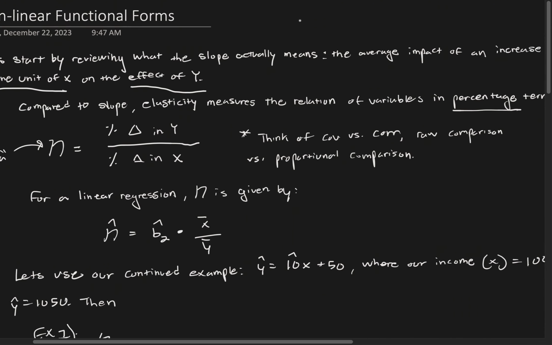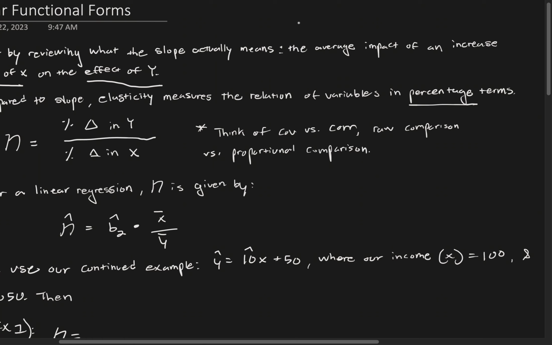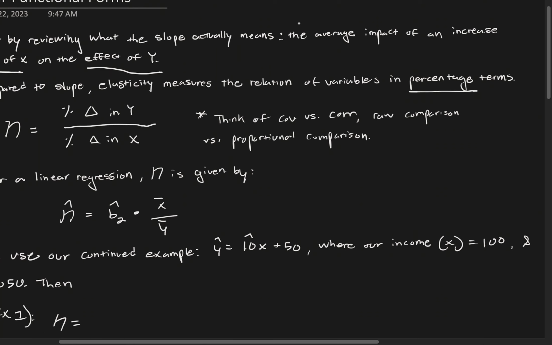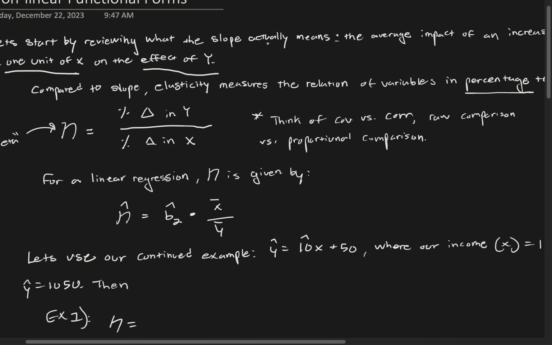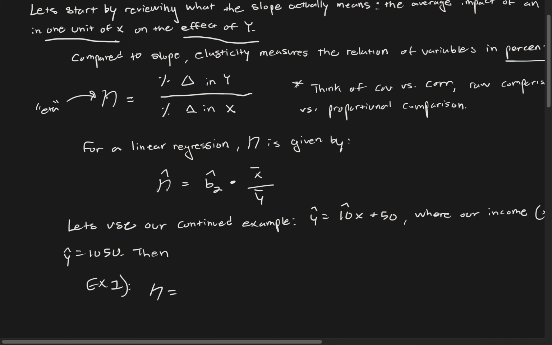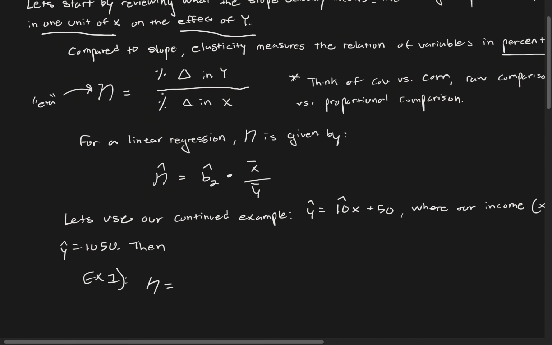And compared to slope, the elasticity measures the relation of variables in percentage terms. Keyword percentage. And so this symbol right here called eta is the elasticity symbol in Greek, and it's given by percentage change in x over the percentage change in y.